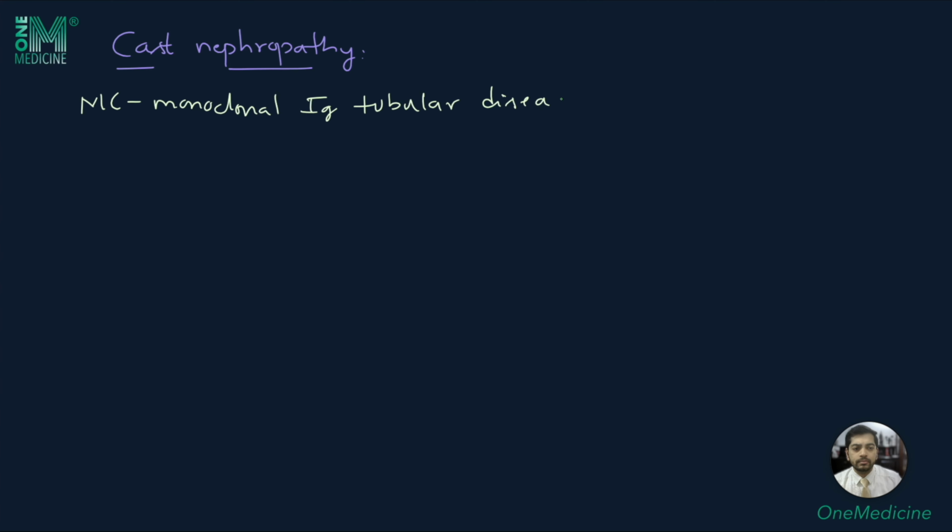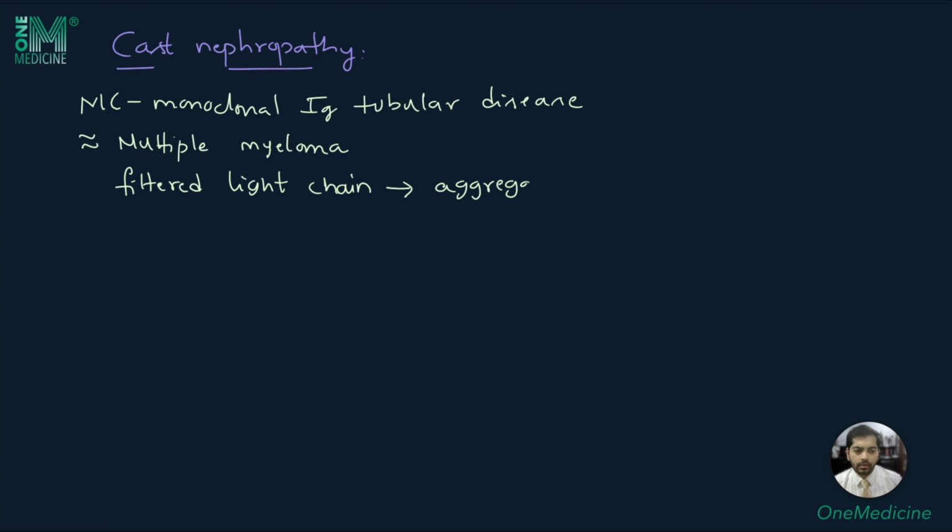Let's now look in detail at cast nephropathy. It is the most common monoclonal immunoglobulin related tubular disease of the kidney. It is associated with multiple myeloma, where the filtered light chains cause aggregation leading to tubular obstruction, inflammation, and renal injury.